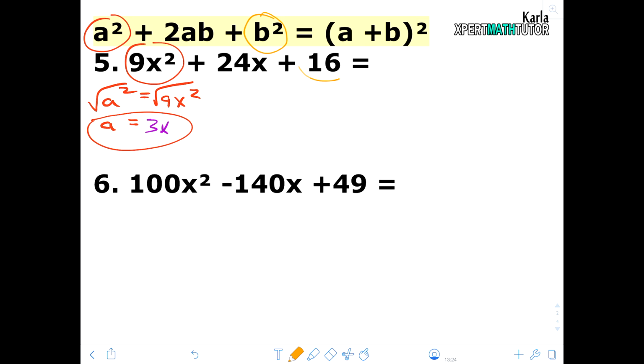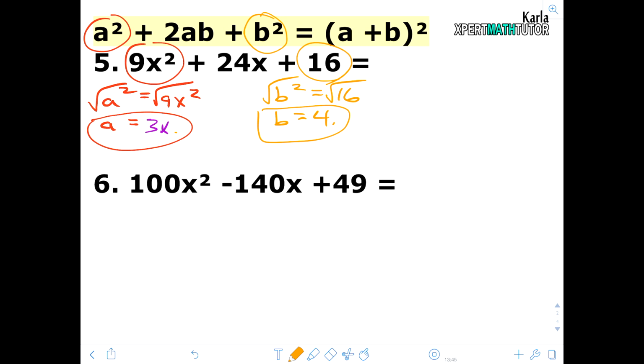Now b squared will equal 16. So if I set them equal to each other and solve for b, the square root of b squared is b, and the square root of 16 is 4. So a is equal to 3x, b is equal to 4.